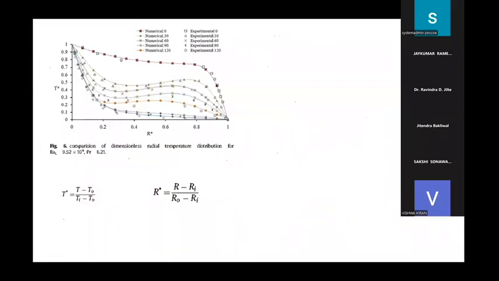Here also, when you provide the validation as per the experimental values and the numerical values, it exactly matches. So the accuracy of the numerical scheme, the accuracy of the numerical methods, and the accuracy of the programs is very important. The accuracy of the grids is very important in replicating or duplicating the results.